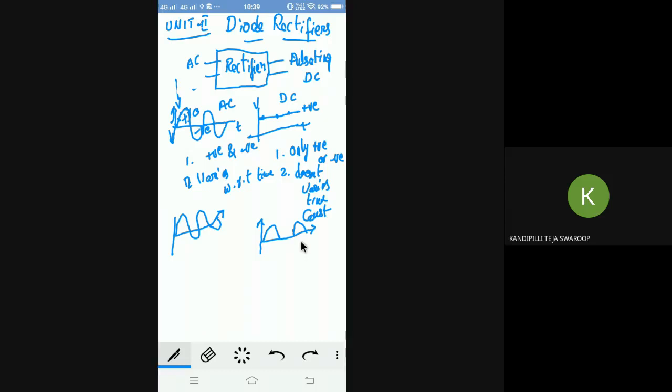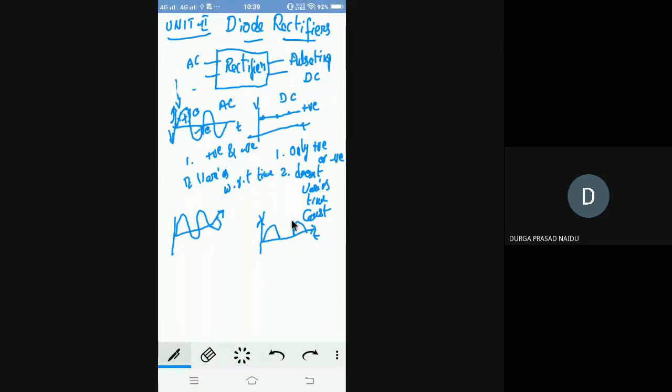So how can you say it is an AC signal? Sir, but amplitude is changing with respect to time. Yes, it is right. It is having some AC qualities, because the amplitude of the signal varies with respect to time. So that is a quality of an AC signal, but it is having only positive values, right?